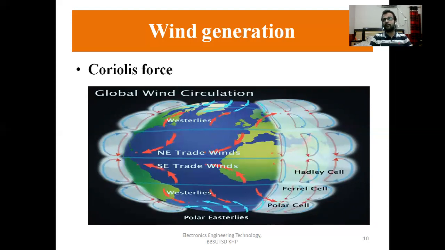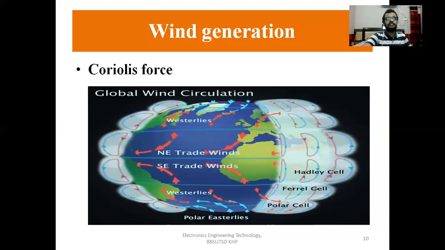It is zero at the equator and reaches maximum values at the poles. In addition, the amount of deflection of wind also depends on the wind speed. Slowly blowing wind is deflected only a small amount, while stronger wind is deflected more.